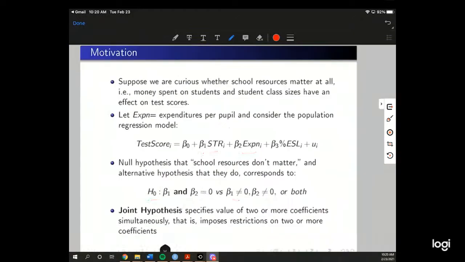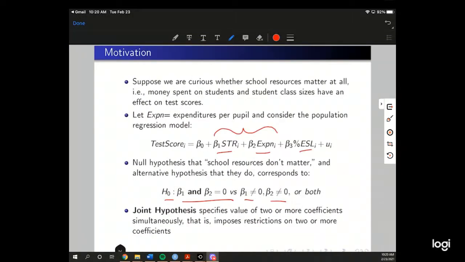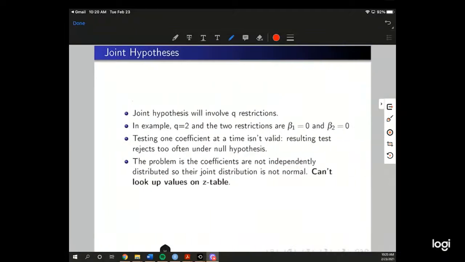If we're only concerned about one coefficient, like beta 1 or beta 2, then we can use our regular t-stats that we talked about in the previous lecture. But if we all of a sudden are concerned about two coefficients simultaneously, in this case beta 1 and beta 2, the problem is they're not independently distributed, and so we need a special test for that.